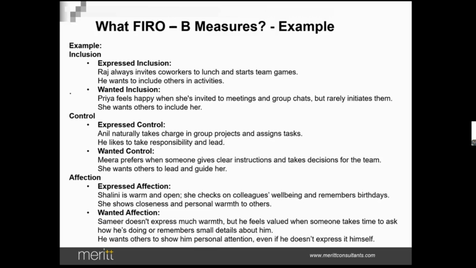Her want for control is very less. She wants others to lead and guide her. Here, again, she's showing high amount of want. That means, hey, I want somebody to guide me. I want somebody to manage me. So when you do this instrument, you would know exactly what is your expressed and what is your want.